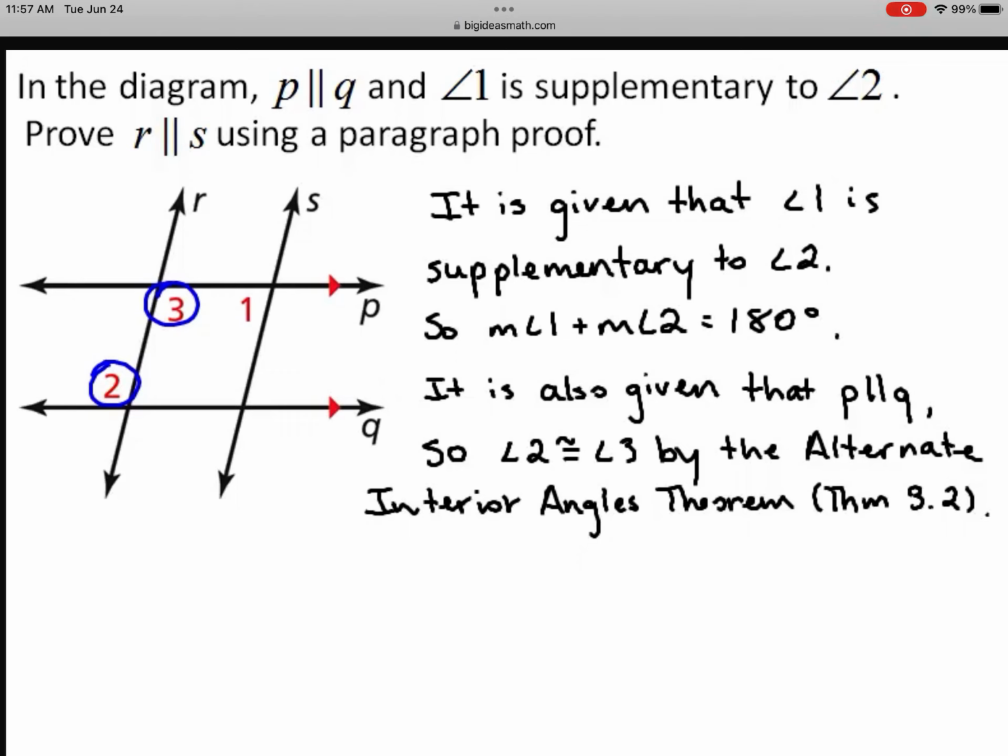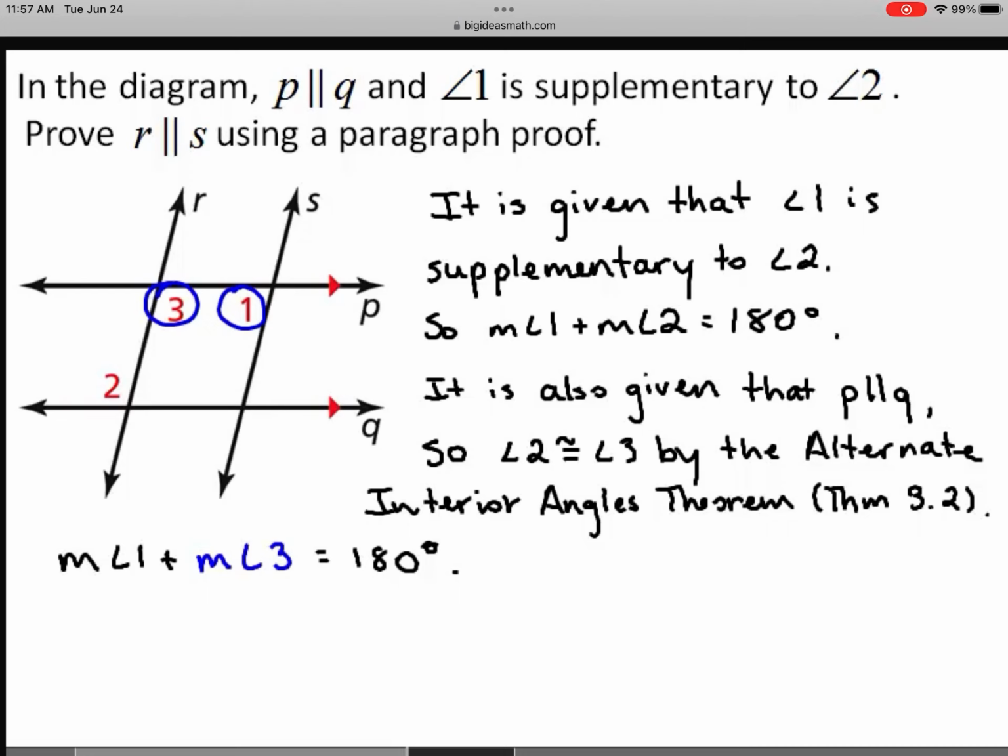Angle 2 and angle 3 are alternate interior angles because they lie on opposite sides of the transversal and inside the lines P and Q. Because angle 2 is congruent to angle 3, you can substitute the measure of angle 3 for the measure of angle 2 into the equation, which gives the measure of angle 1 plus the measure of angle 3 equals 180 degrees.